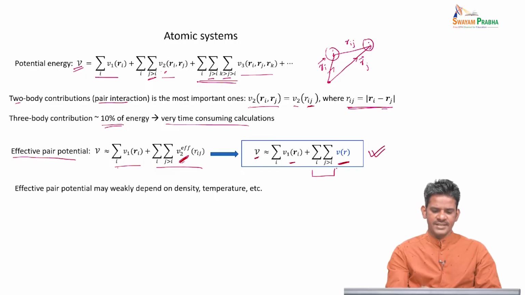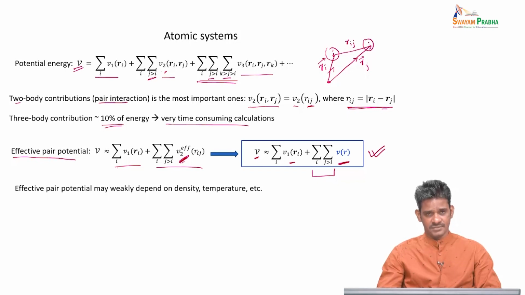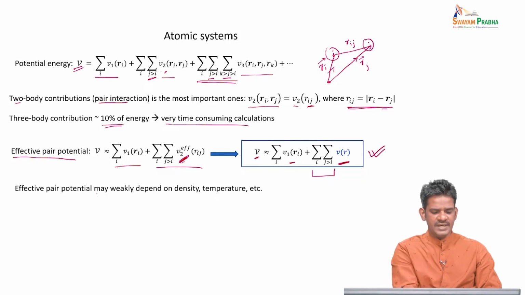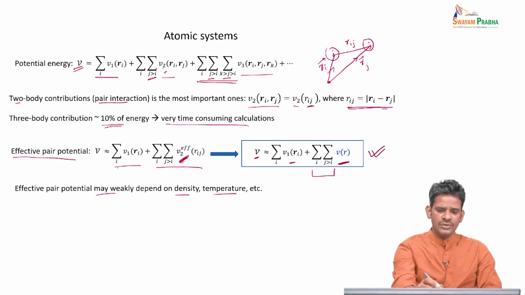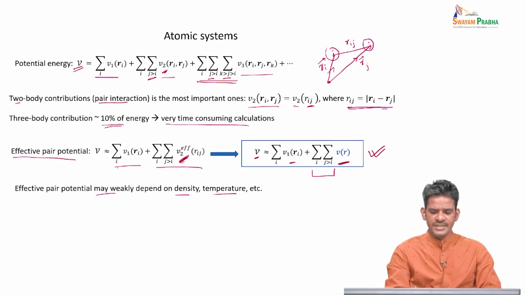Because this effective potential includes multi-body interactions, we might find that the parameters of this V of r, the pair potential, may weakly depend on the density and temperature. That's something we have to keep in mind, because in a true two-body potential, these should be independent of density and temperature.